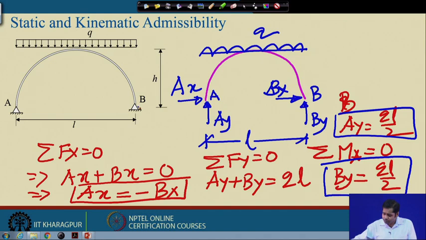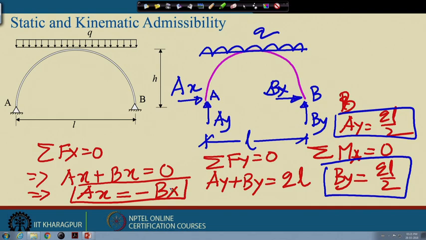Now, you see here, if I consider a force system in which Ay and By are qL by 2, which we have already obtained, right, then forget about that, but Ax and Bx satisfy this equation.